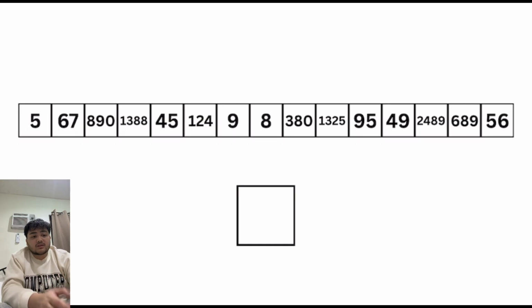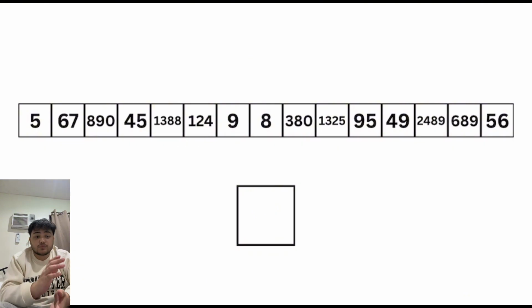But when we look at 1388 and 45, we put the 1388 out of the way, so 45 can take over its place and 1388 can take where 45 was.